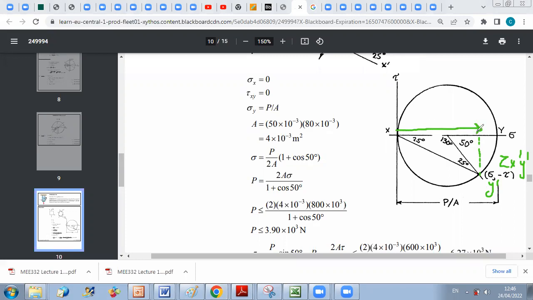So now to determine your values of tau and sigma, you use geometrical methods. First, this distance represents the radius, which is P over 2A. We should add to this distance the projection from the center towards this point.